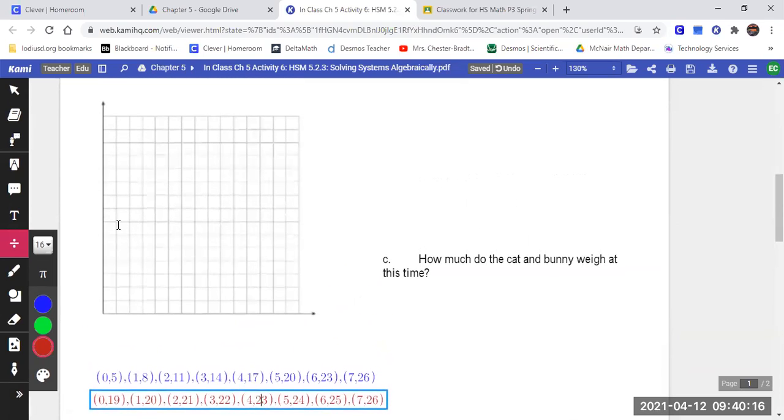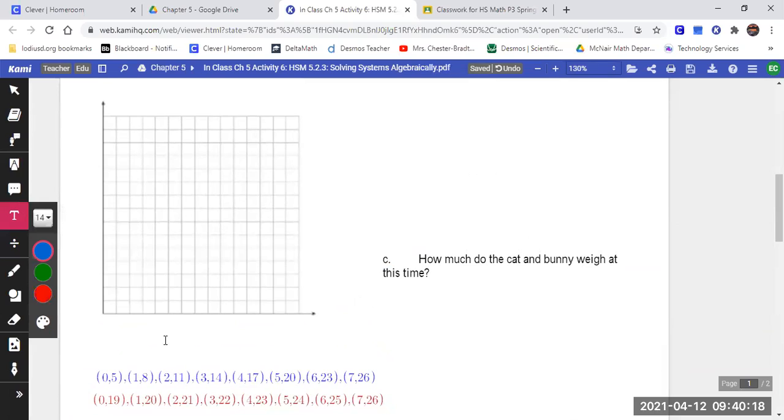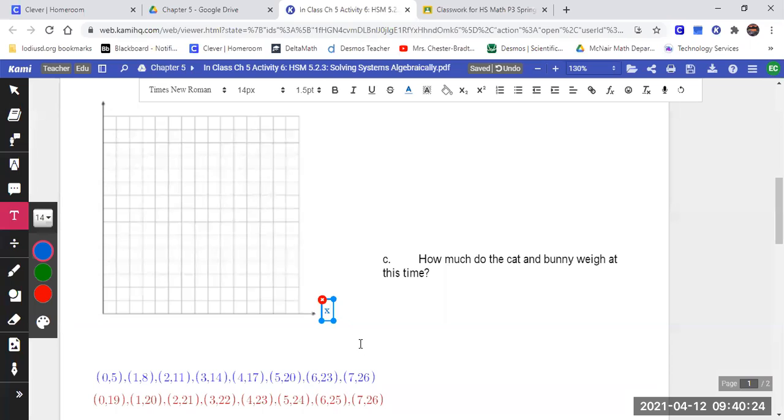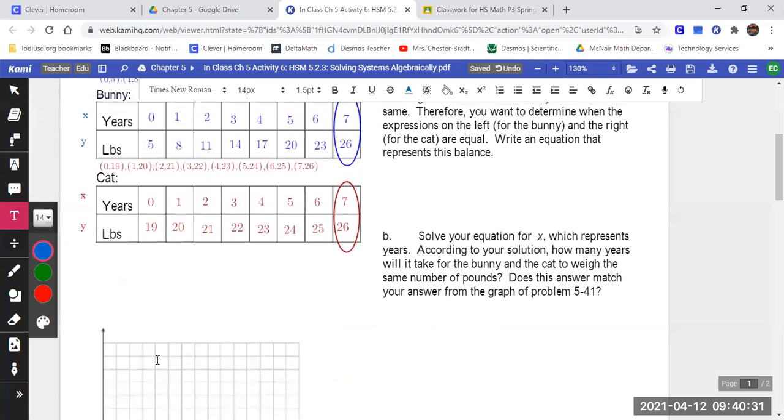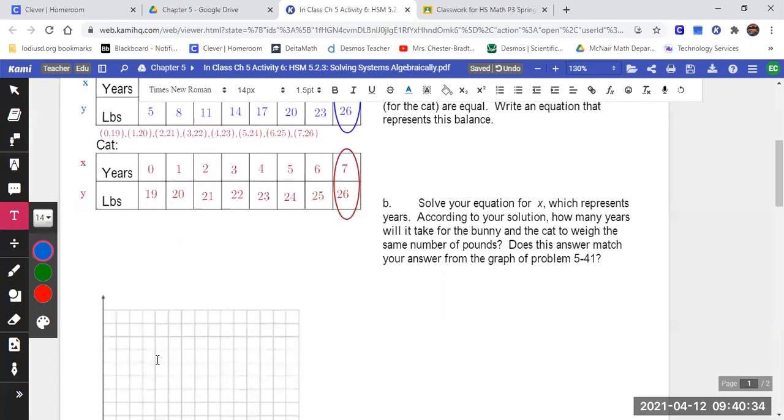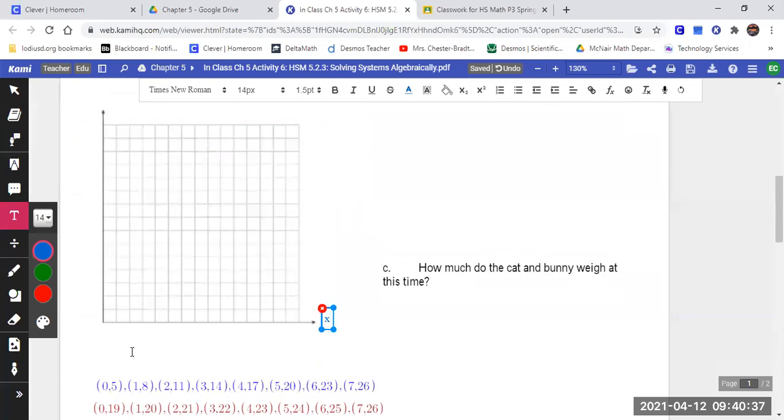All right, so now we're going to make a graph. What is the x direction going to be? Because here's my x direction, right? What are we measuring on the x direction? According to our table, what were we measuring on the x direction? Years. So with a text box, we're going to say number of years. Okay. And then we have our y direction, which is up here.